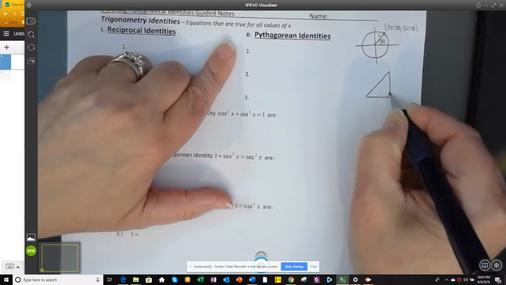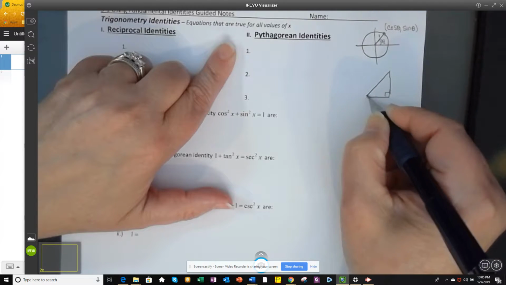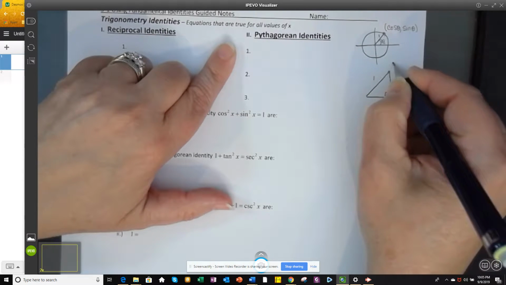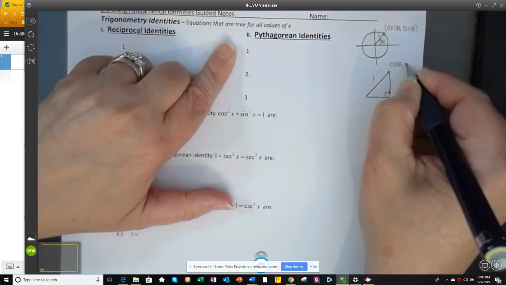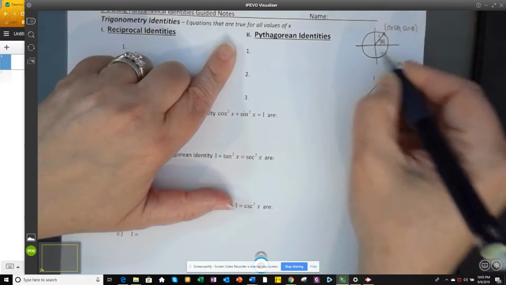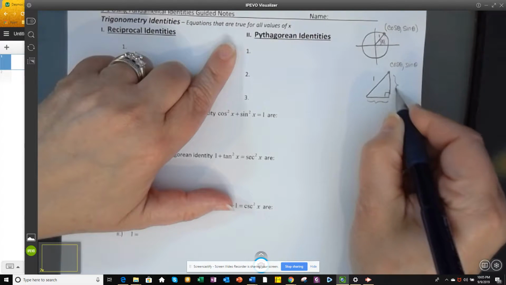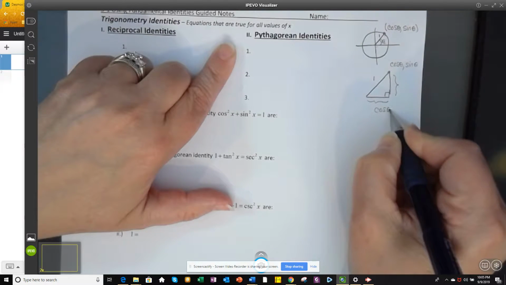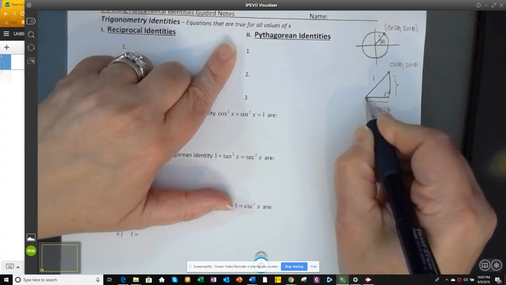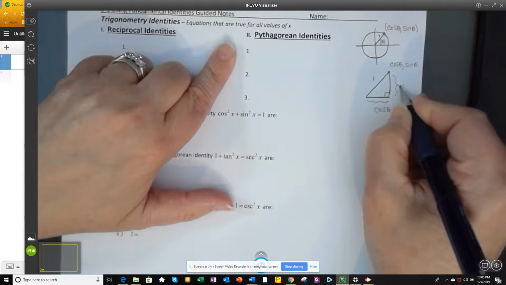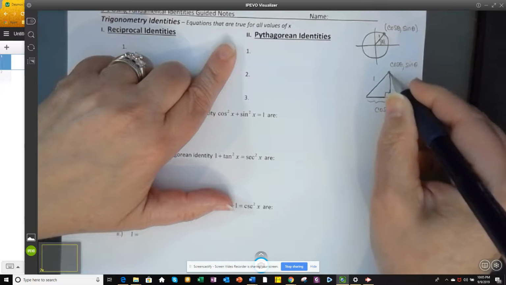This is the right triangle that we see. And this is 1, and we said that this point was cosine theta, sine theta. Well, the distance that I traveled over here to get to this point is cosine theta. So this leg's distance or length is cosine theta, and this leg's distance or length is sine theta.